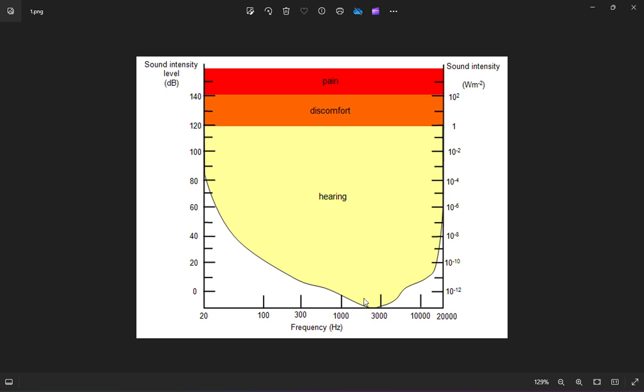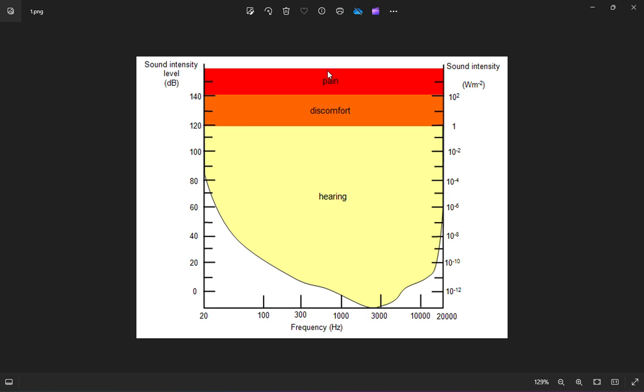As the frequency moves away from 3000 hertz, we are less sensitive to the frequencies below and above it, and so we can hear sounds at 100 hertz only when the intensity goes above 20 decibels. So what is the need to know about this graph?